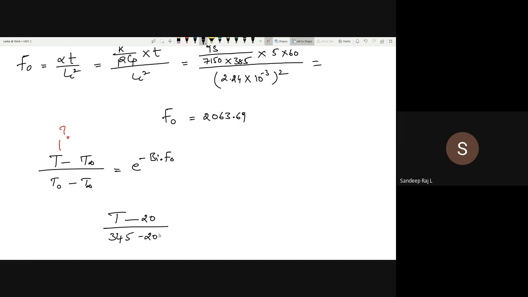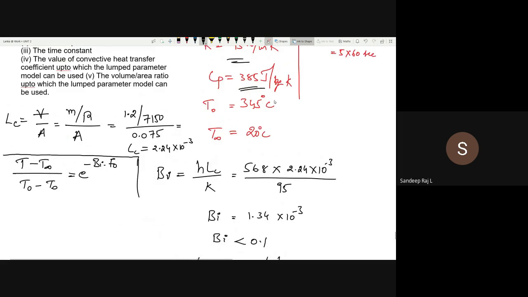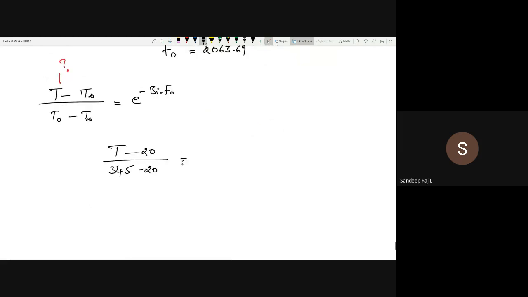So it is T minus 20 by 345 minus 20, and e power minus the Biot number value, which you found as 1.34 into 10 to the power of minus 3, into the Fourier number value, 2063.69. So the only unknown is T here.